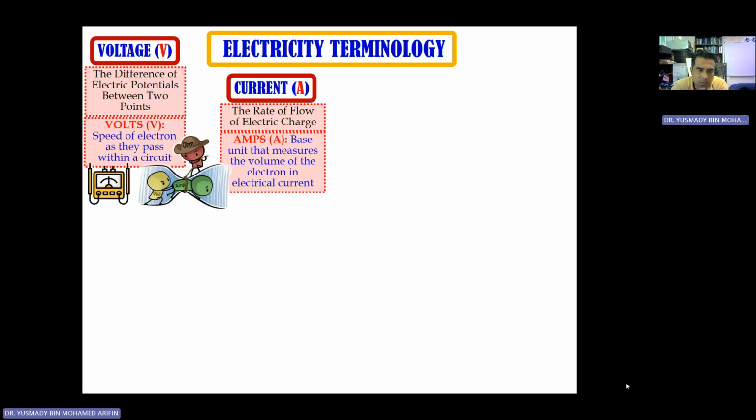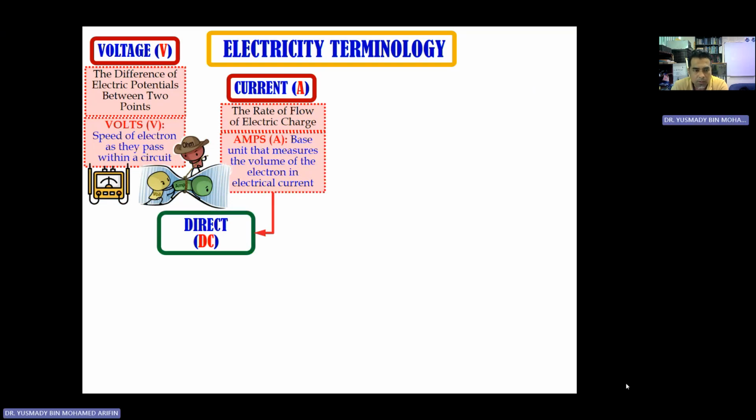The illustration shows the relationship between voltage, ampere, and ohm. Ohm is the unit for resistance. So the flow of current depends on the value of voltage, and the speed of the current also depends on the resistance, which is represented by ohm in terms of unit.